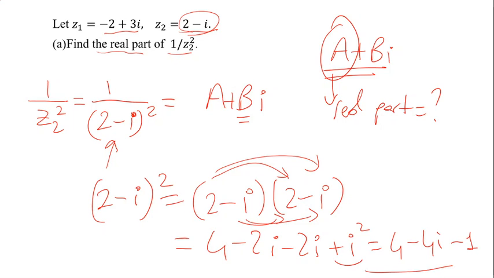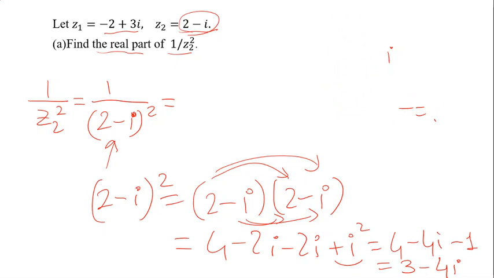This one here is minus 1. And you will get 3 minus 4i. So this fraction turns out to be 1 over 3 minus 4i.